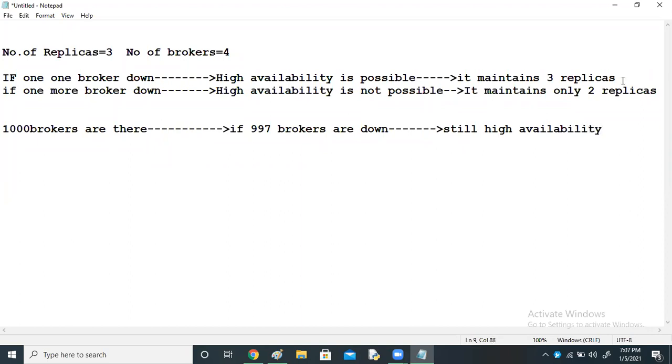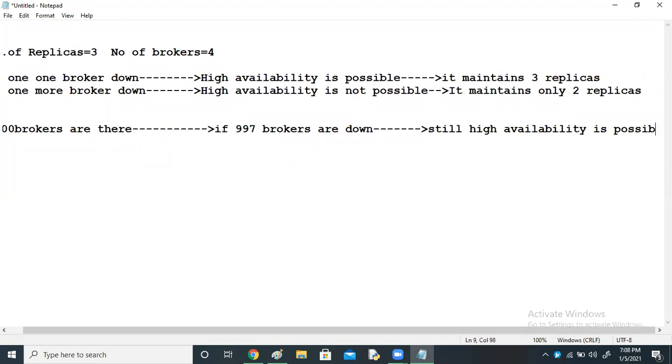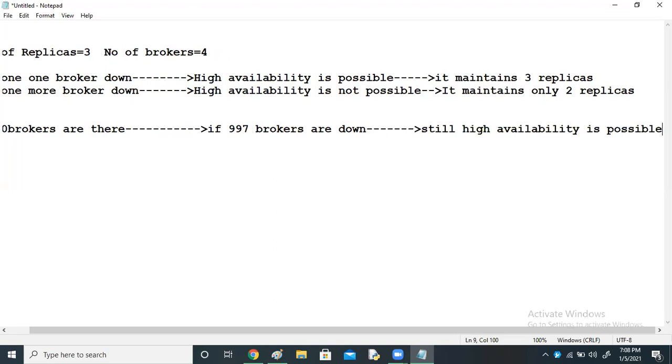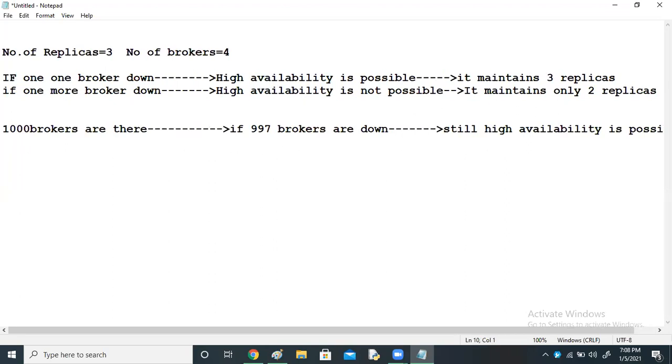Still high availability is possible. Fault tolerance is possible.